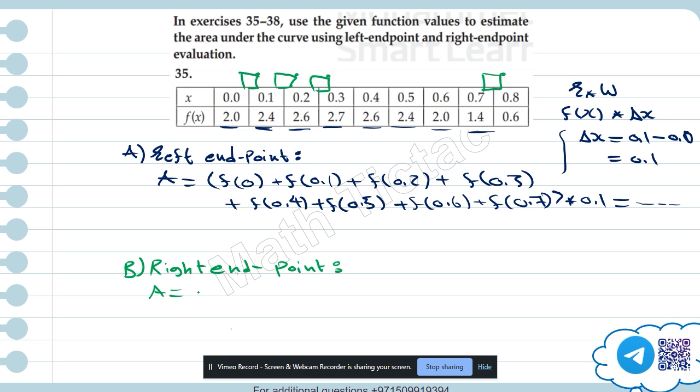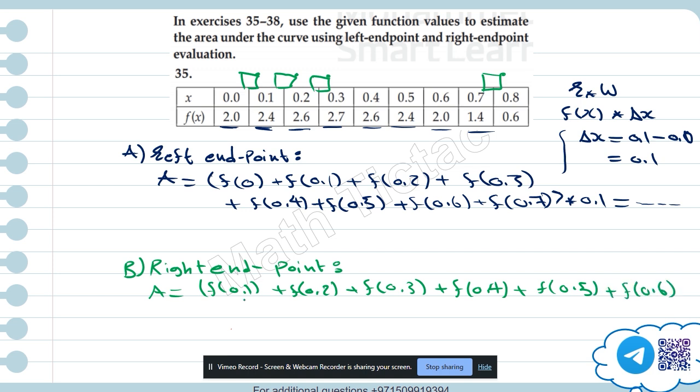So here, I'll start with f of 0.1, then plus f of 0.2 plus f of 0.3 plus f of 0.4 plus f of 0.5 plus f of 0.6 plus f of 0.7 and the last value f of 0.8.